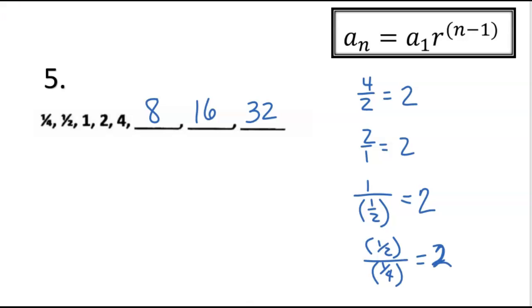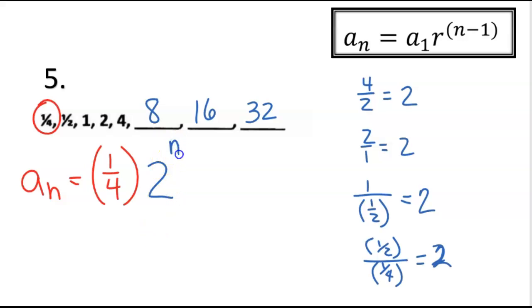The function rule would be the first number in the pattern times the multiplier raised to the n minus 1 power.